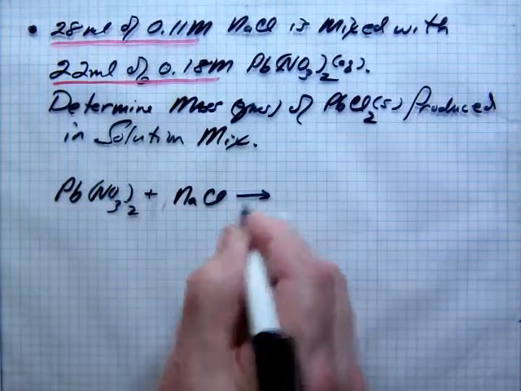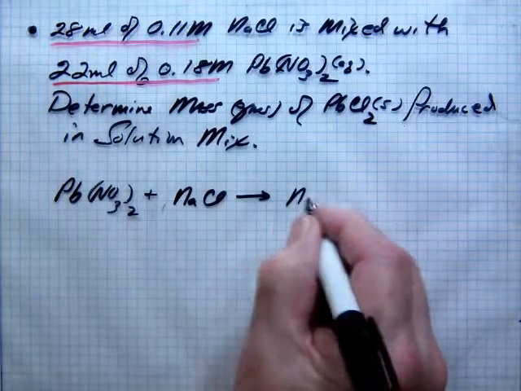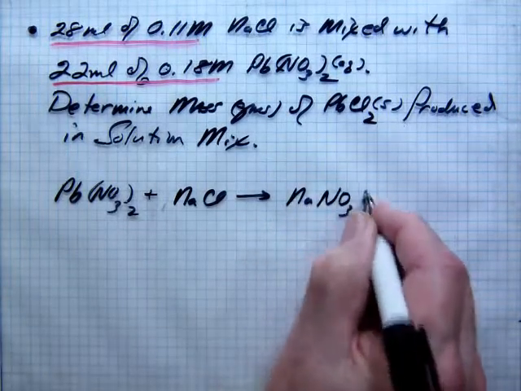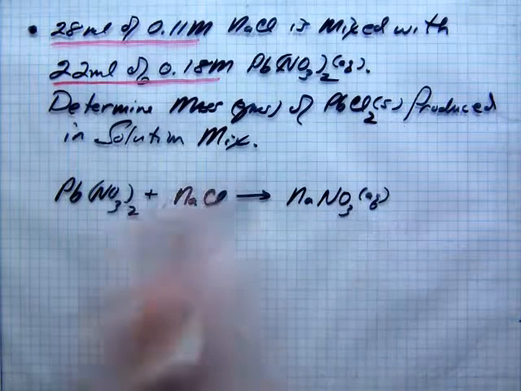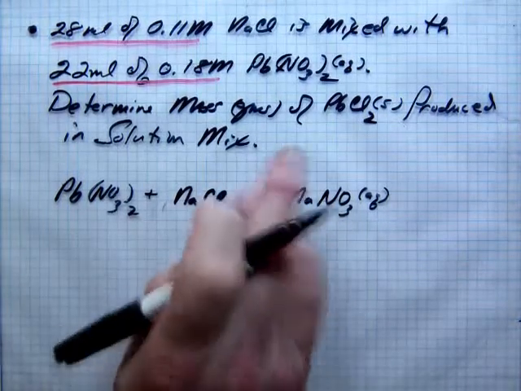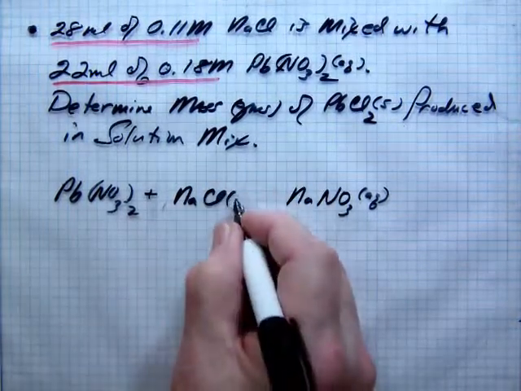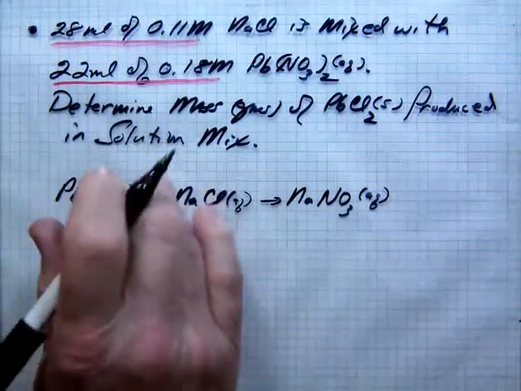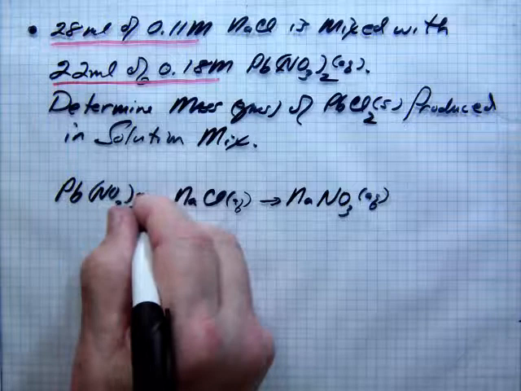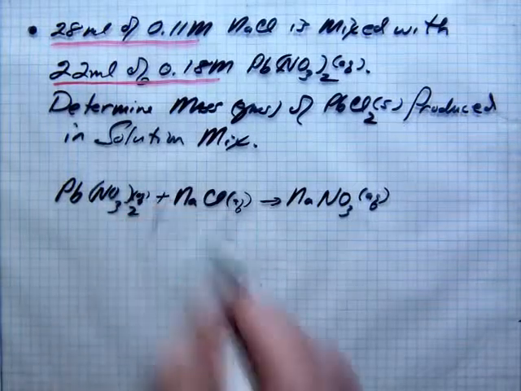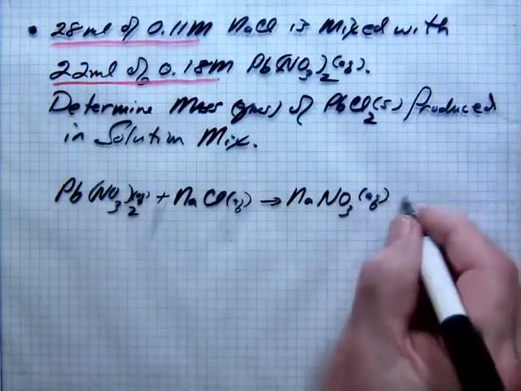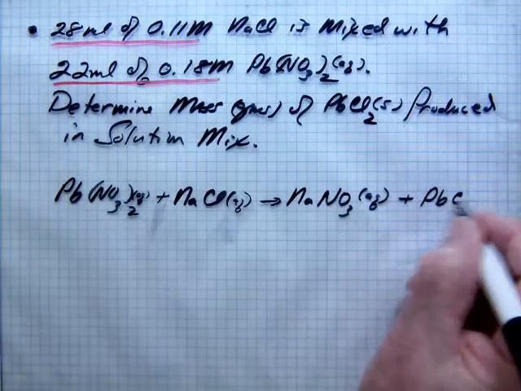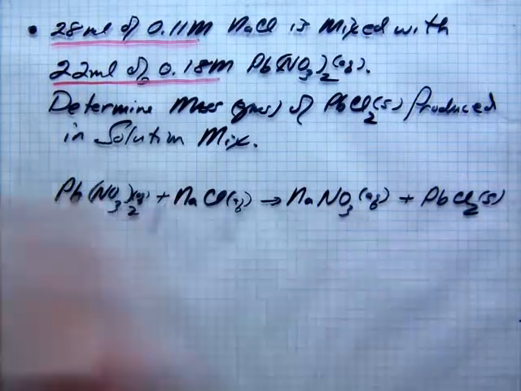All right, so it'll become sodium nitrate, which will be aqueous also. Plus your sodium chloride goes to this, plus the PbCl2 precipitate in here.